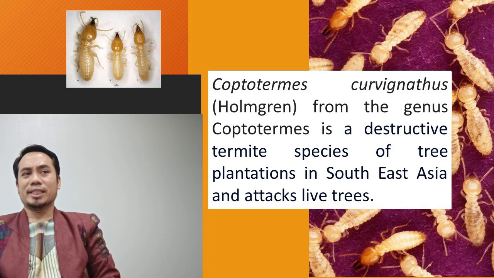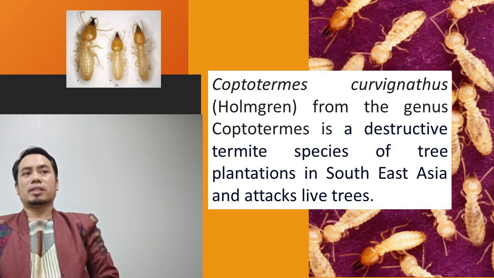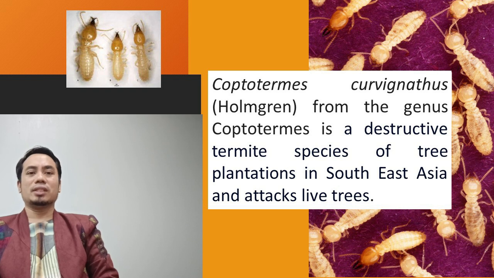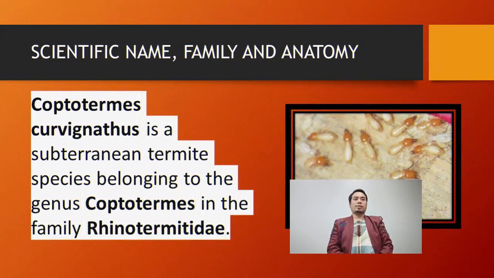So now, what is Termites? Termites, or horngrams, from the genus Termites, is a destructive termite species of tree plantations in Southeast Asia and attacks live trees. It is a subterranean termite species belonging to the genus Termites in the family Rhinotermitidae.